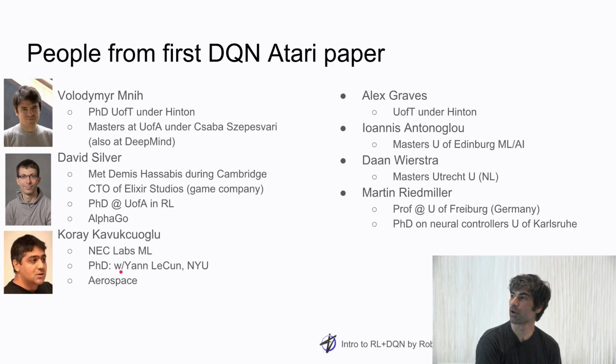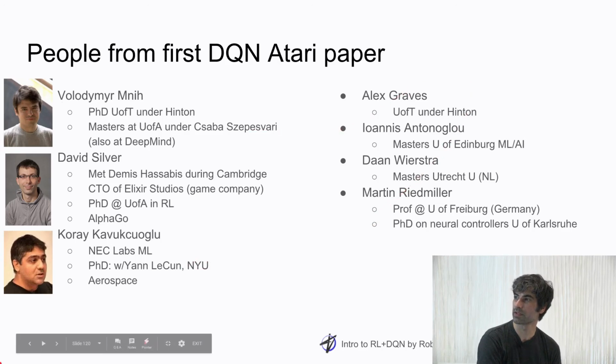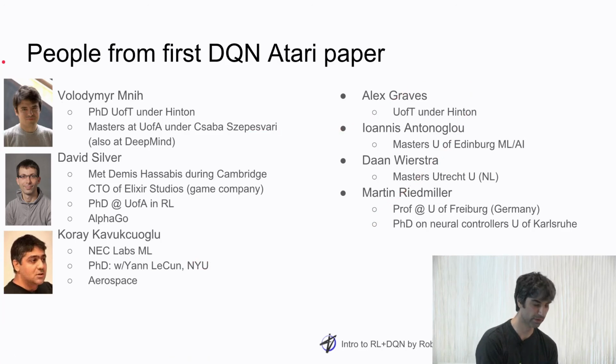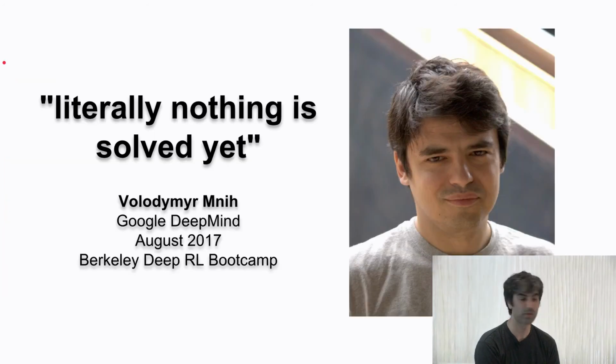And then Koray did his PhD with Yann LeCun. There are some other people, but generally these are the guys you hear from more. It's just interesting these guys have ties to Canada. In my perspective, DeepMind, this team, is the very cutting edge of reinforcement learning today. They're coming out with papers that are just ridiculous all the time. DQN was just one in a long series. So for me, it's interesting to know what they're about.